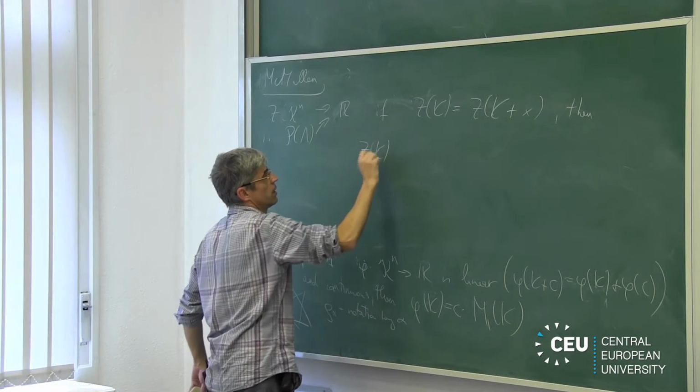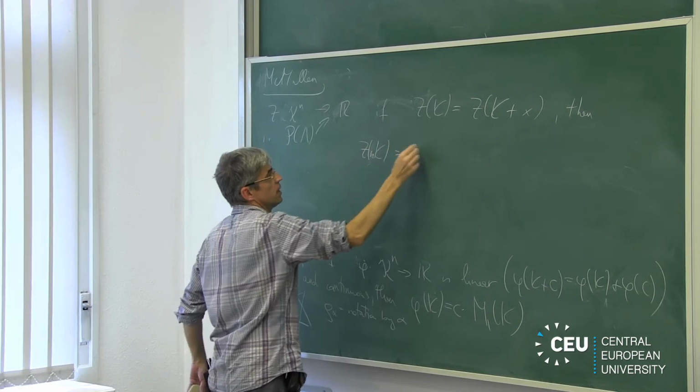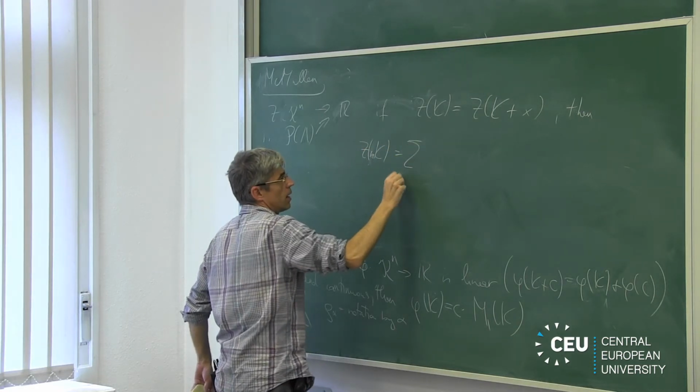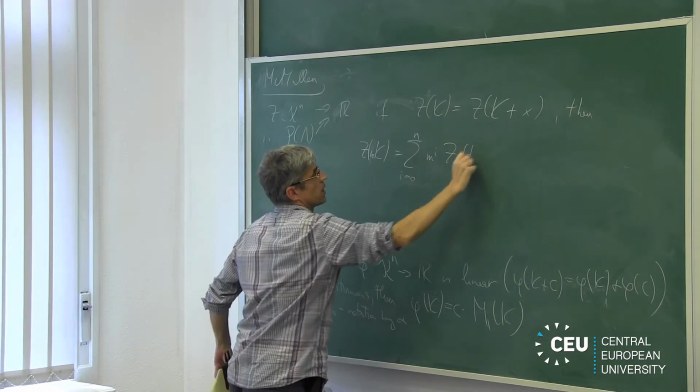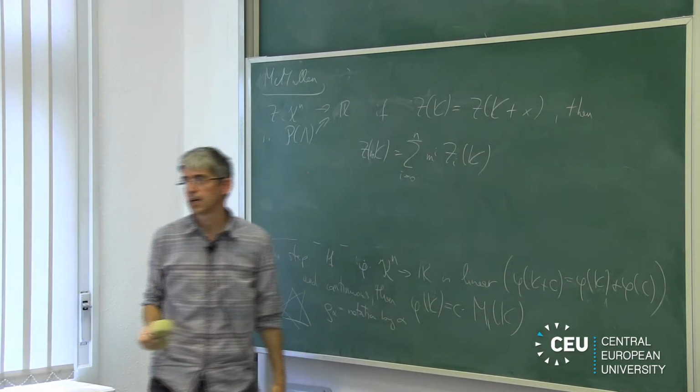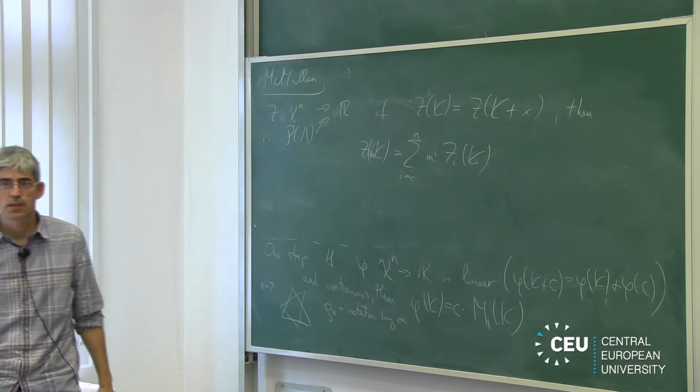So Z of mK is the sum for i equals 0 to n of m^i times Z_i K, where the Z_i are valuations.